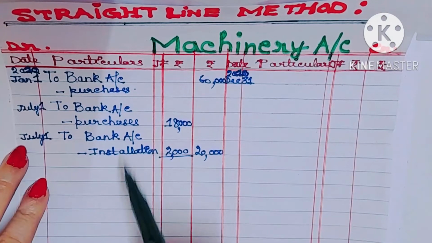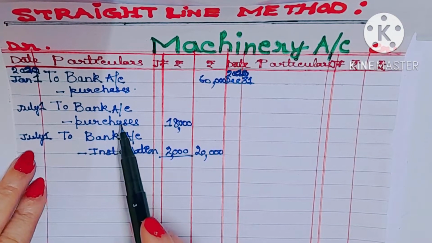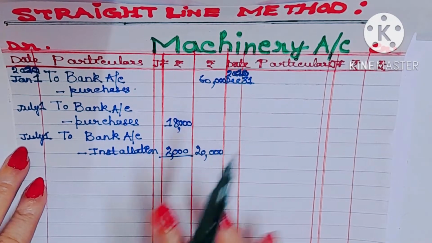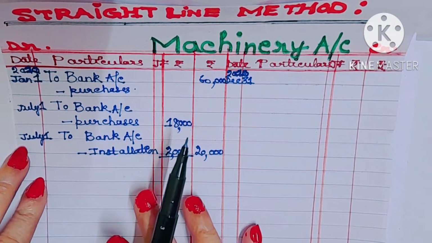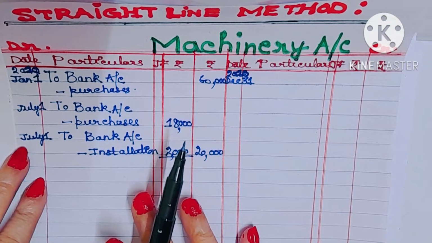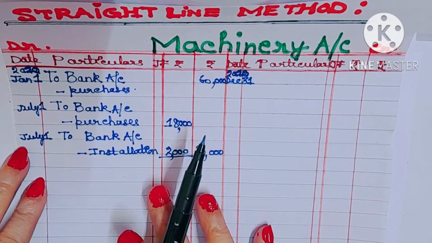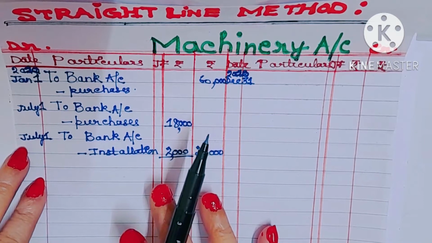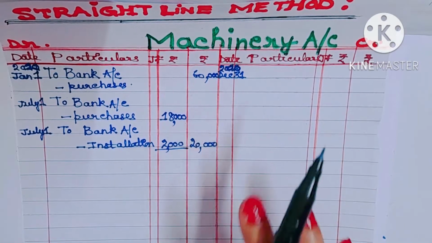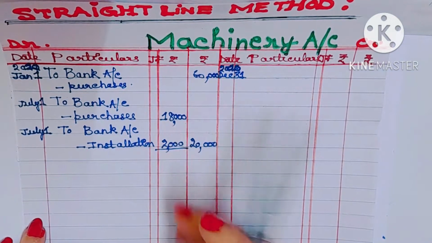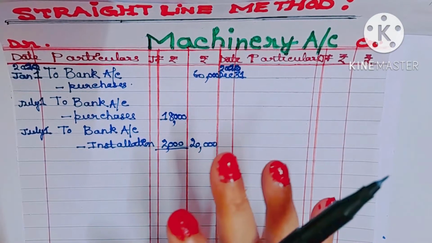Please remember, the cost of the second machinery is 18,000 only. But what is the total cost of the machinery? The total cost of the machinery is determined after adding all expenses incurred for bringing the asset to usable condition. Please remember, second machinery cost price কত? 18,000. But তোমাকে সবসময় কি দেখতে হবে?